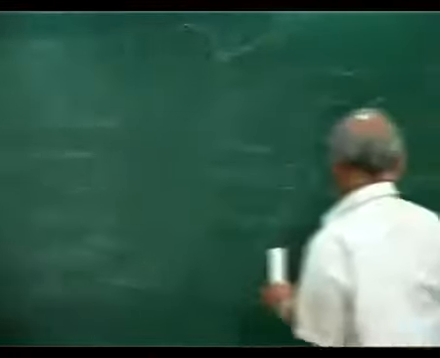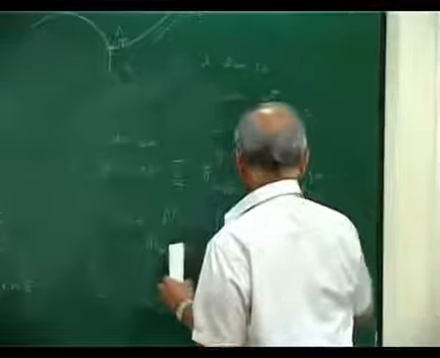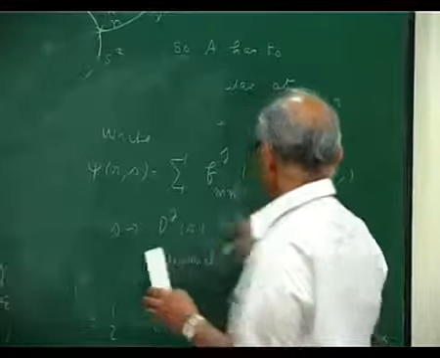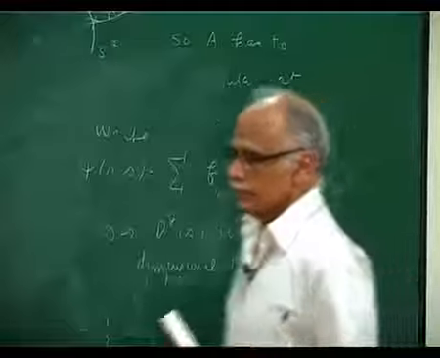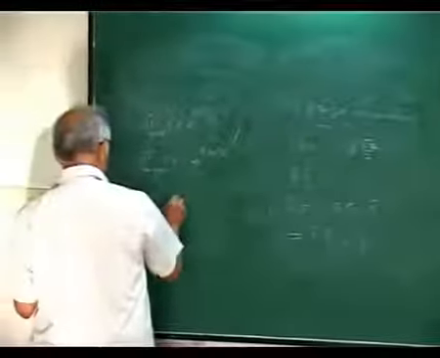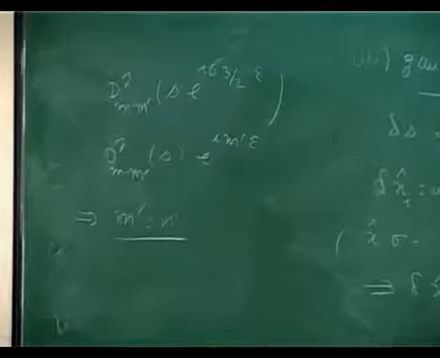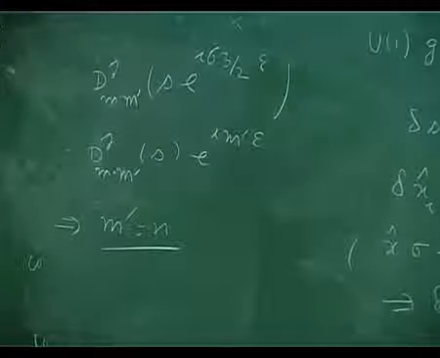Let me call this m prime, just to not confuse with that n. This is a property of all these rotation matrices, so it implies m prime equal to n, to fulfill the first class constraints.